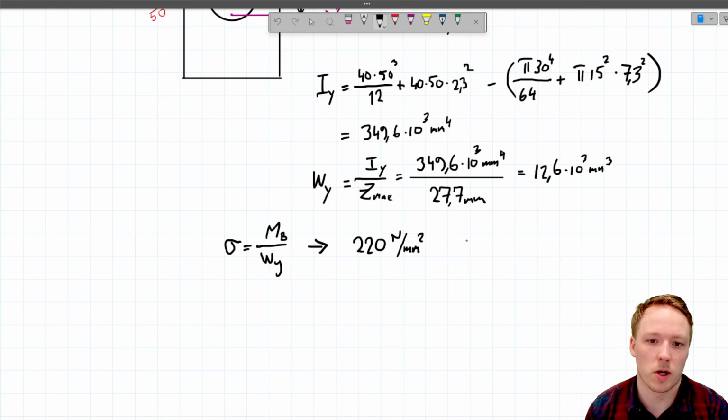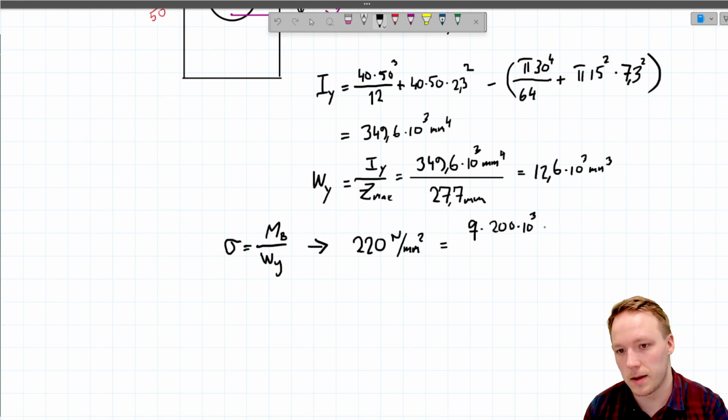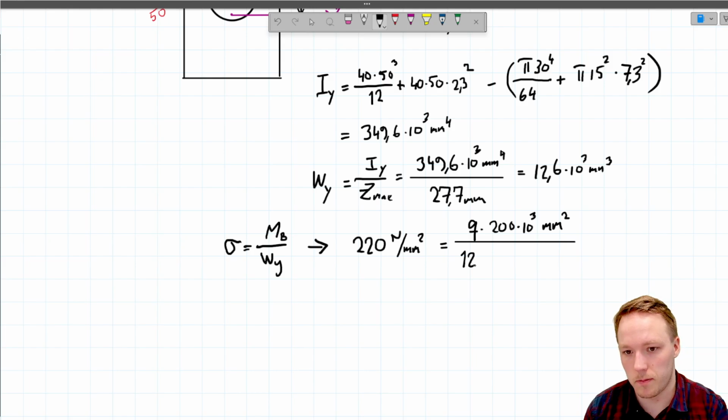For our material it was 220, and that equals the bending moment, which we calculated was Q times 200 times 10 to the power of 3 millimeters to the power of 2, divided by the section modulus, which is 12.6 times 10 to the power of 3 millimeters to the power of 3.